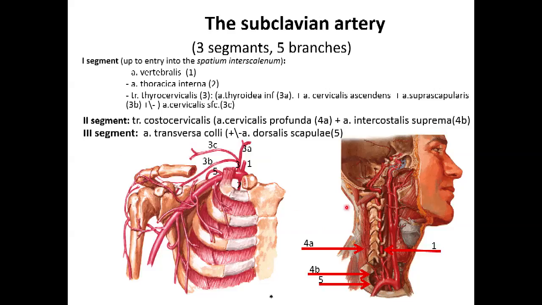Because it isn't drawn here: the plexus brachialis, brachial plexus, and plexus cervicalis, cervical plexus. One of the peculiarities of arteria transversa colli is that it passes through these plexuses. So if the plexus isn't demonstrated, it's difficult to demonstrate arteria transversa colli itself.